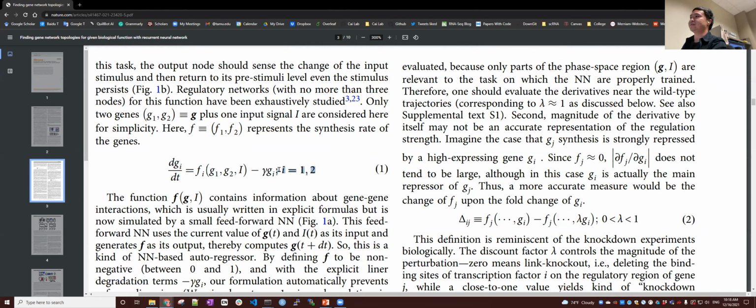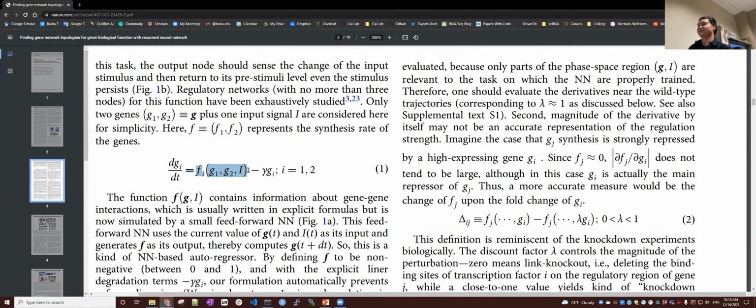For the simplest model, suppose you just have 2 genes and 1 signal I. Signal I could be any stimulus or repressor signal which works on the gene expression. So your gene would change like this across time. This is a typical ODE, the ordinary differential equation.